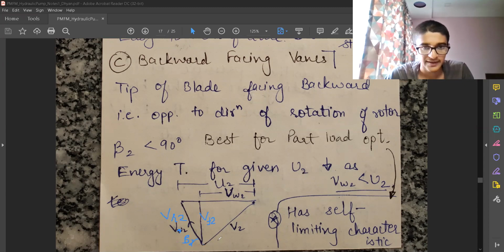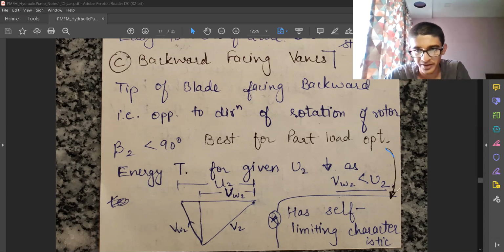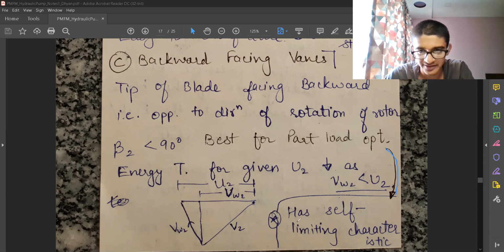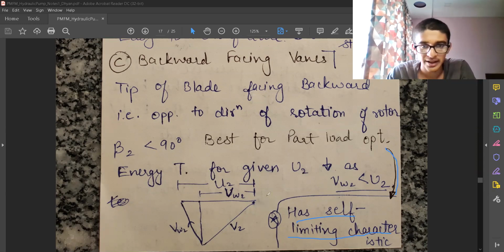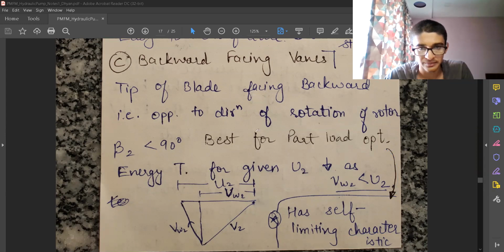So beta 2 is less than 90 degrees, and this gives the best performance at part loads. That property is called the self-limiting characteristic, and we'll see it in more detail. It is the nature of the curve we get with backward facing blades, and that makes it best when we are using the pump or compressor at part loads, which are non-design points.